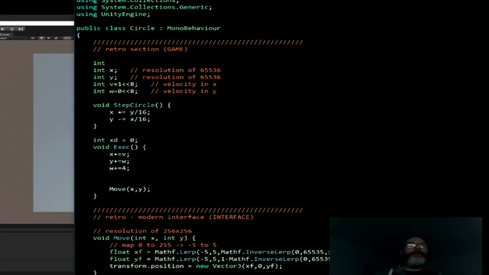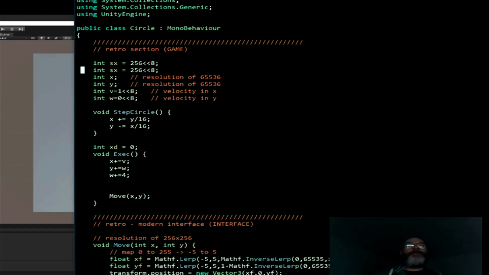What I'm going to do now is add a little bit of code for dealing with the boundary conditions. So I'm going to create an integer here, screen x, which is 256 rotated 8 bits that way.